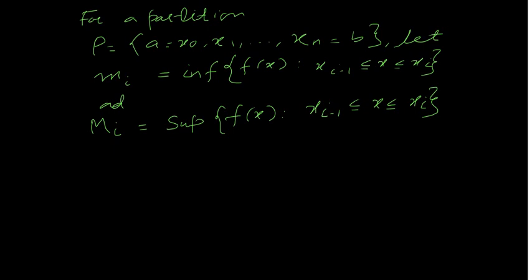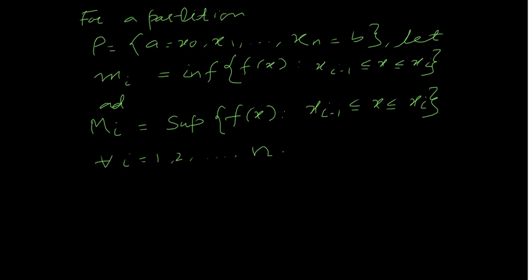This is true for all i equal to 1, 2, up to n. So that means m1 is the infimum of the function f of x over the interval x0 to x1, m2 is the infimum of f of x over the interval x1 to x2, and so on and so forth. In a similar manner, capital M1 is the supremum of f of x over the interval x0 to x1, and capital M2 is the supremum of f of x over the interval x1 to x2, and so on and so forth.